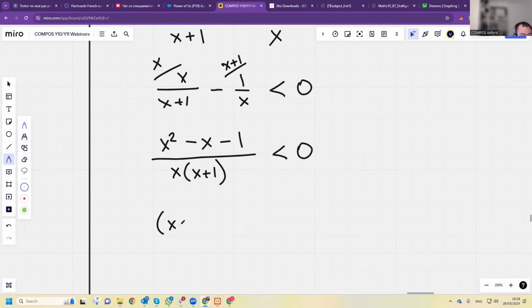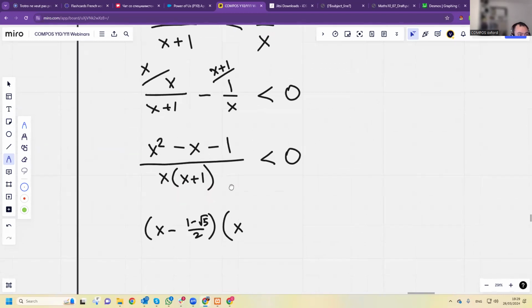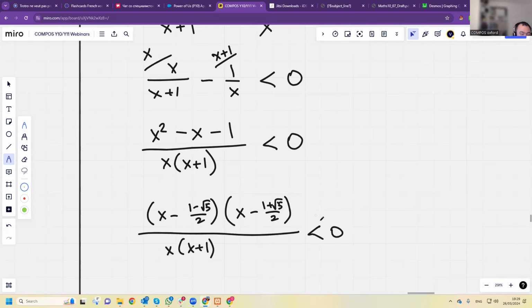So it's going to be x minus 1 minus root 5 over 2, and x minus 1 plus root 5 over 2, x plus 1 less than 0. I'm sorry for that, I should have used better values.